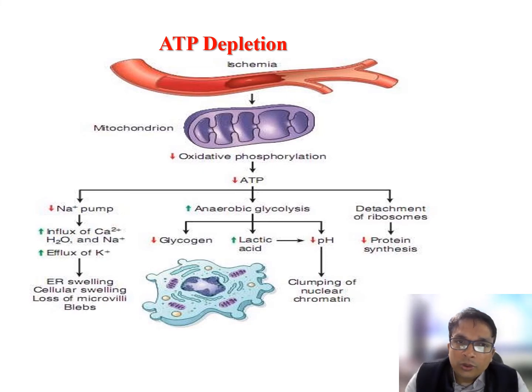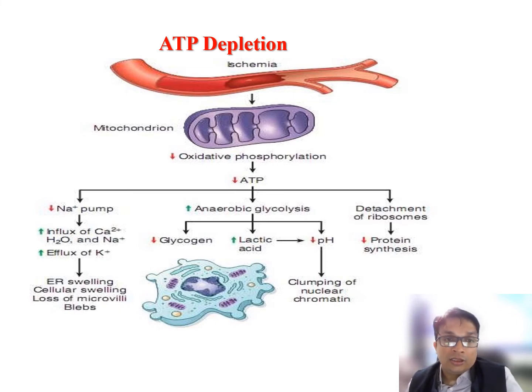And how will it do that? It will produce oxidative stress or reactive oxygen species for a while to meet the metabolic need of the cell. But due to which what will happen? Oxidative phosphorylation decreases over there.